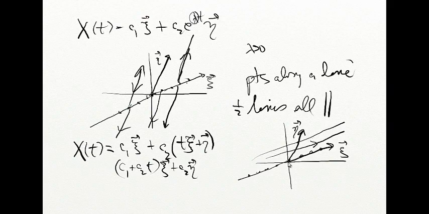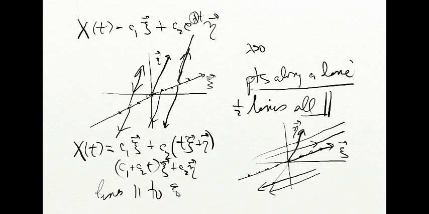If c2 is negative, then we're going to be down here, and the lines are going to go in the other direction. So again, we get points along a line, and we get a bunch of parallel lines, but they don't come off of xc, they're parallel to xc. So the lines are parallel to the eigenvector corresponding to 0.